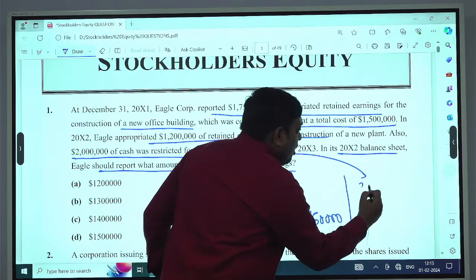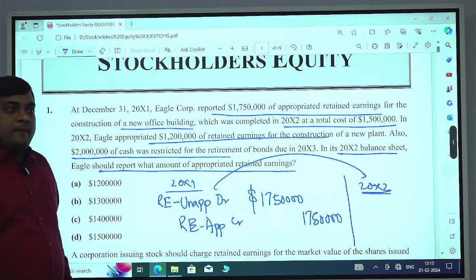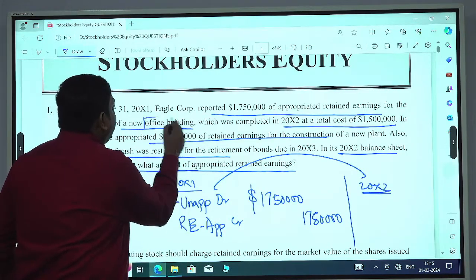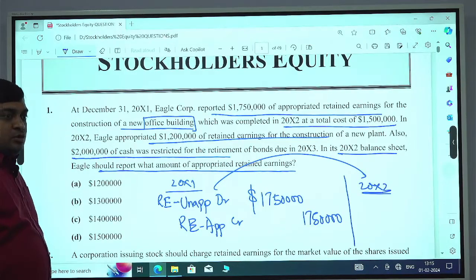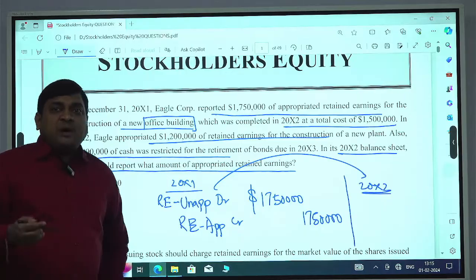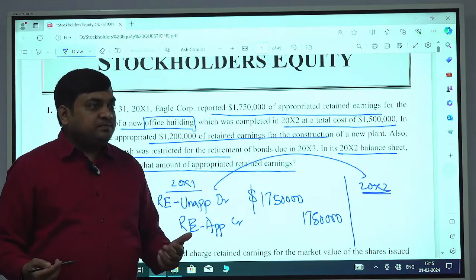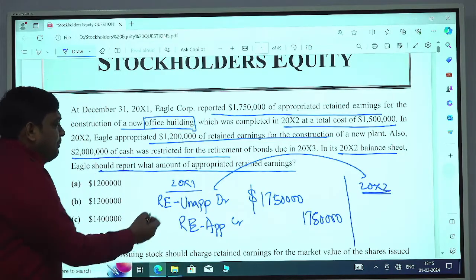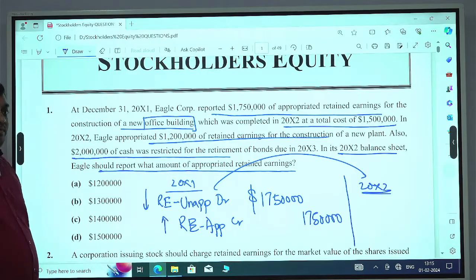Now in 20x2, 15 lakh I have spent for this new office building. So the entry is reversed. I have already told you, when the purpose for which you are creating your reserves is complete, the entry is reversed. When you appropriate, unappropriated retained earnings will decrease and appropriated retained earnings will increase.